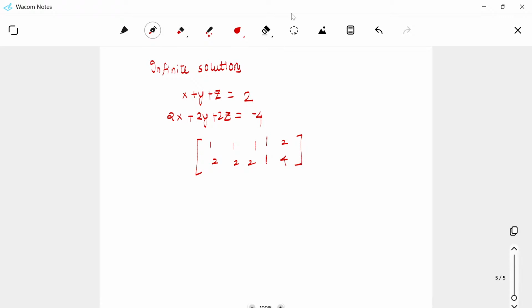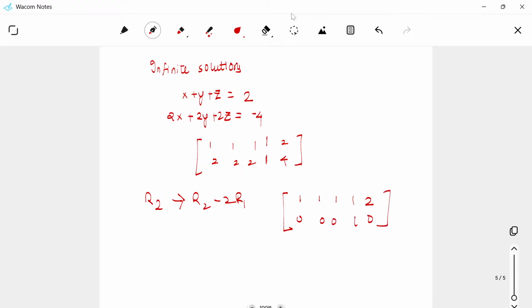Now you do the new R2 is R2 minus 2R1. So it becomes [1 1 1 2; 0 0 0 0].